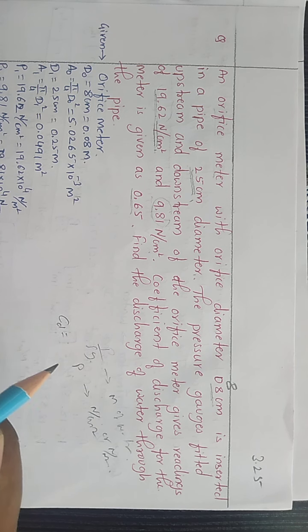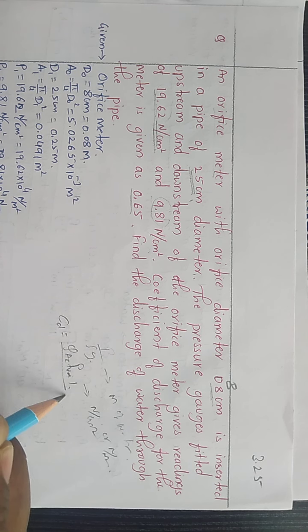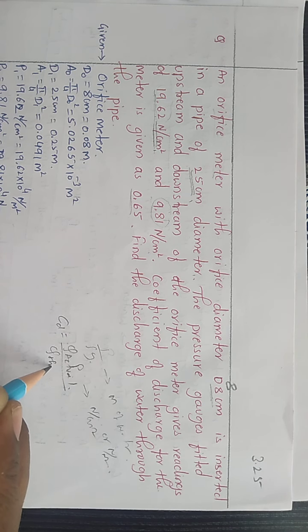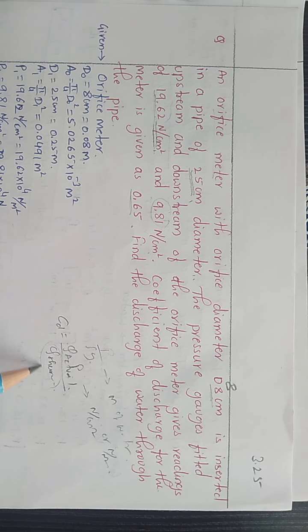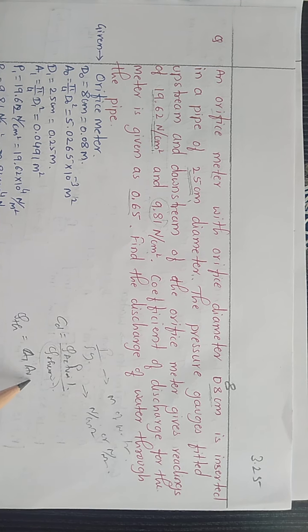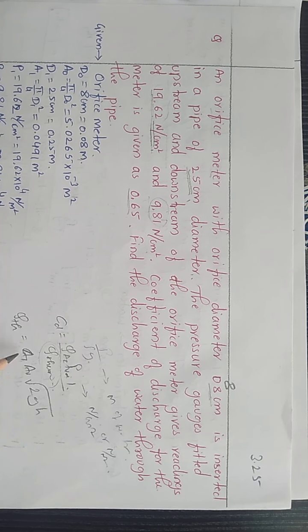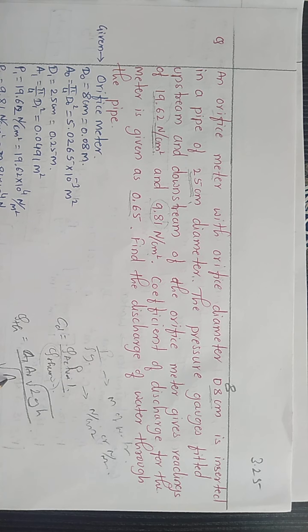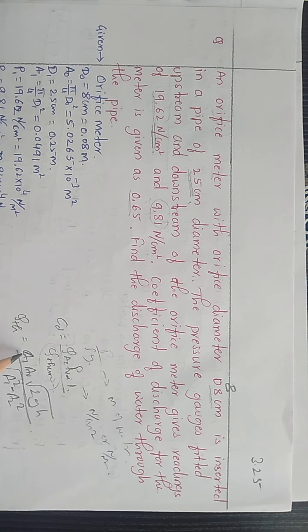It is the actual discharge divided by the theoretical discharge. The theoretical discharge is a1 a0 square root of 2gh divided by square root of a1 square minus a2 square. If you multiply this by the coefficient of discharge, we get the actual discharge.